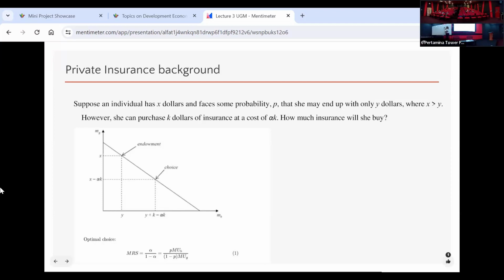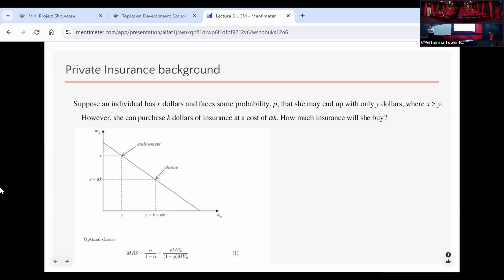Is my algebra correct? So this is alpha over 1 minus alpha. So this line has this slope. Is it a positive slope or a negative slope? Negative slope, okay? And that's the sign. So I'm saying that the marginal rate of substitution is going to be alpha over 1 minus alpha, okay?